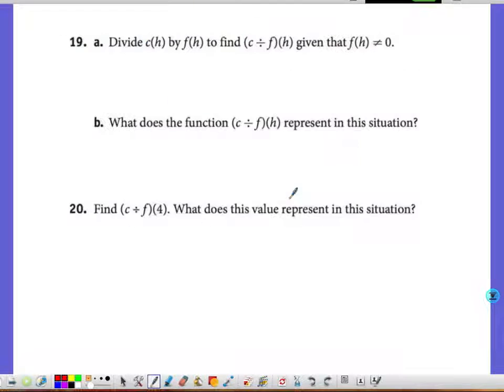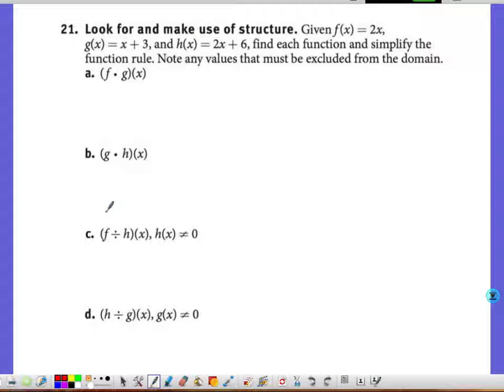I just want to skip over to dividing functions. And basically we already got a taste of what we need to do for dividing functions. Multiplying functions, you always want to put each of the functions in parentheses. So f is 2x times x plus 3. Again, you're going to have to distribute when you're multiplying functions. Here you have x plus 3 and 2x plus 6.